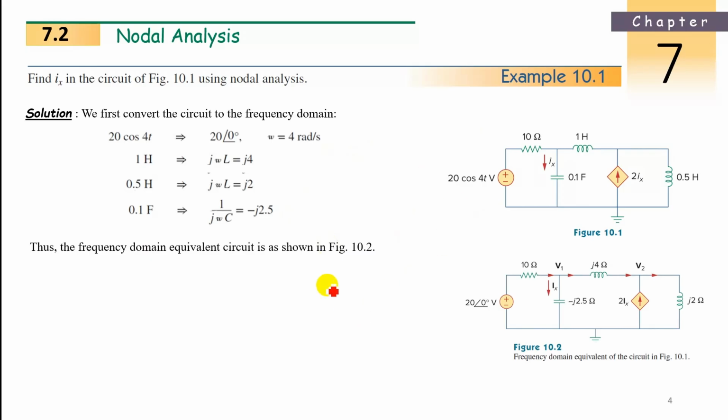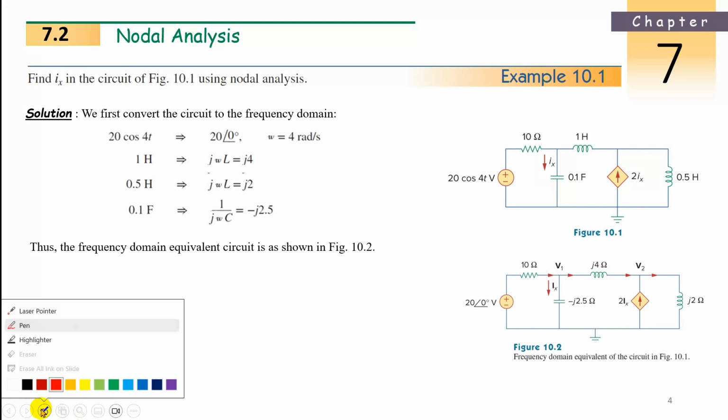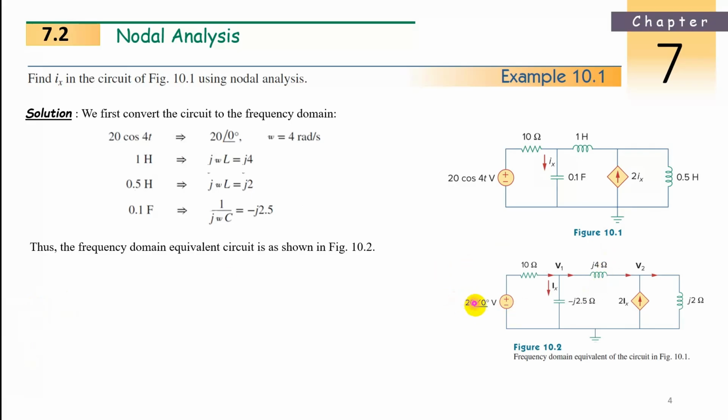Check here. First one, the voltage: 20 at an angle of 0 degrees, because 20 cos 4t we converted into 20 at an angle of 0 degrees. Now the 10 ohm resistance, as it is, in time domain and frequency domain resistance will act the same, with no changes.